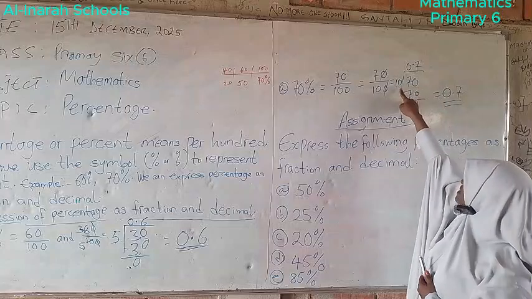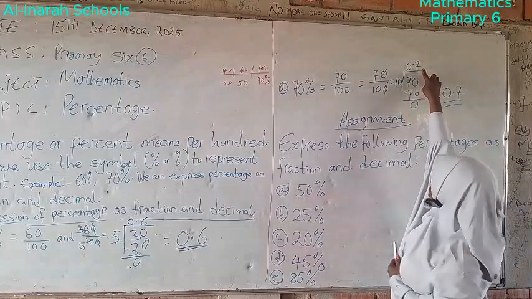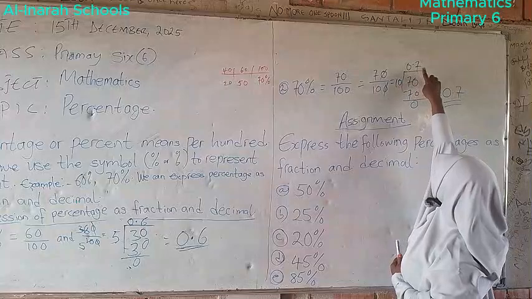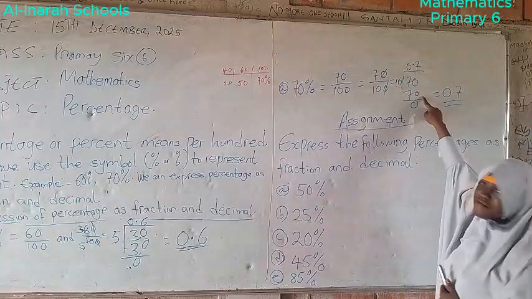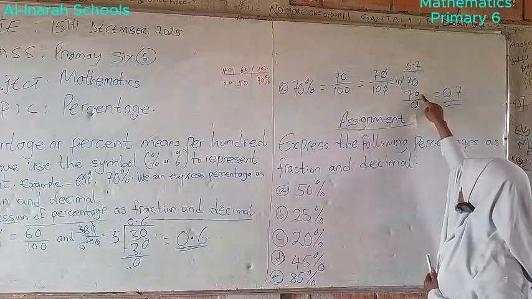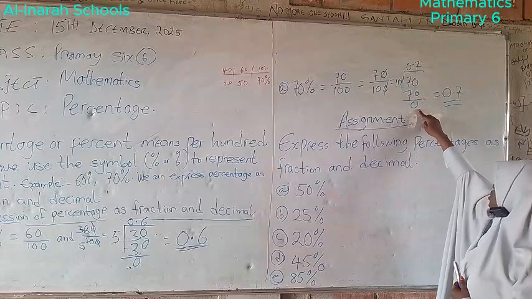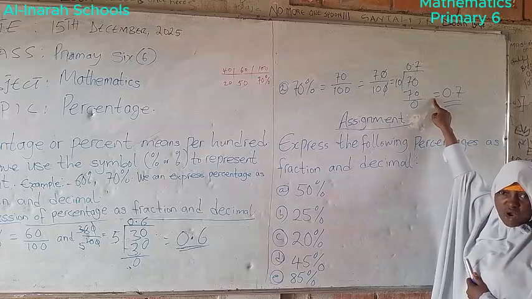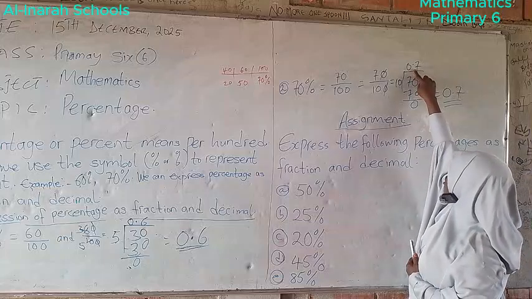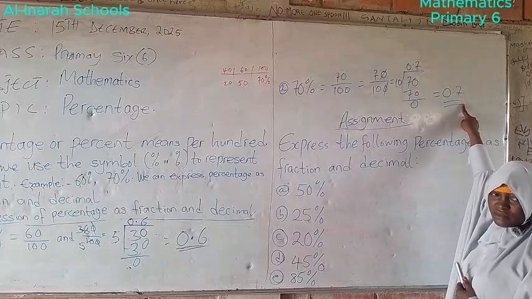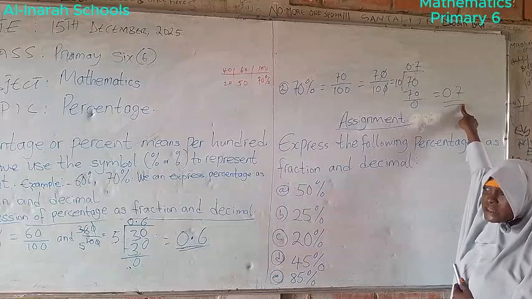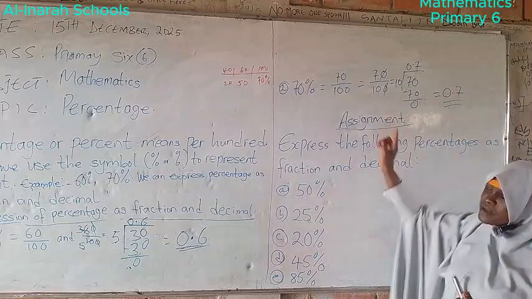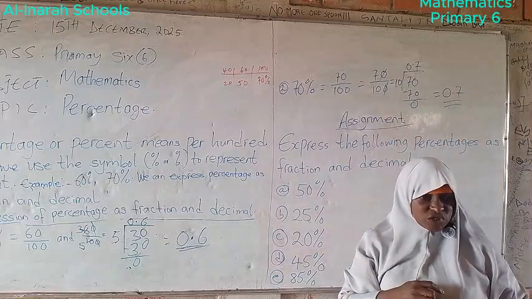Now, 70 divided by 10 will give us what? 7. 10 times 7 will give us what? 70. And 70 minus 70 will be 0. So at the end of the day, our answer will be equal to what? 0.7. So I believe you all understand what I'm teaching so far.